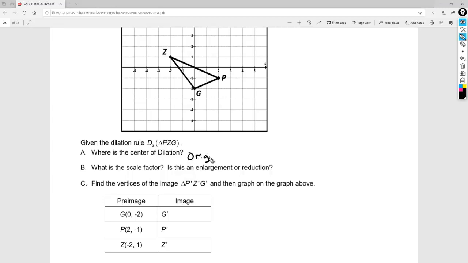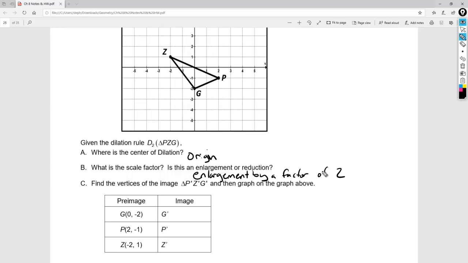So it's just going to be the origin. Later in these notes, we will discuss when the center is not the origin, okay, but for now, we'll just say it's the origin. Okay, the scale factor is given, it's 2, which is an enlargement. So I will say this is an enlargement by a factor of 2.